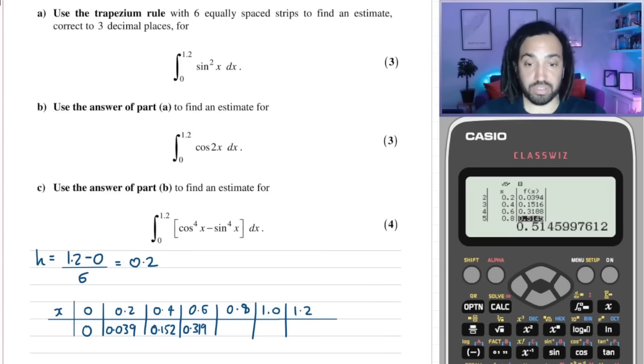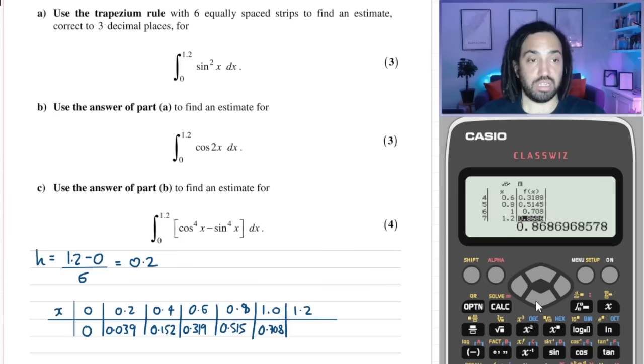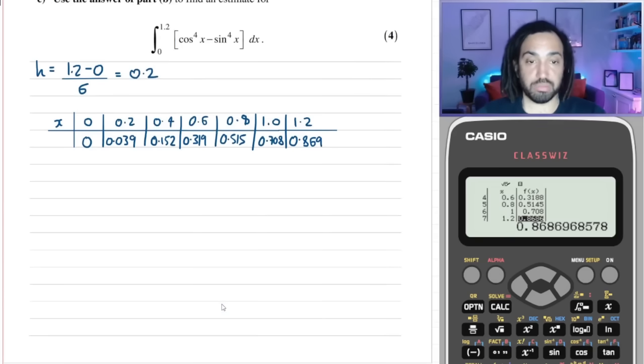And then we have 0.515, and then we have 0.708, and then finally we have 0.869. Okay, perfect. So there's our table.